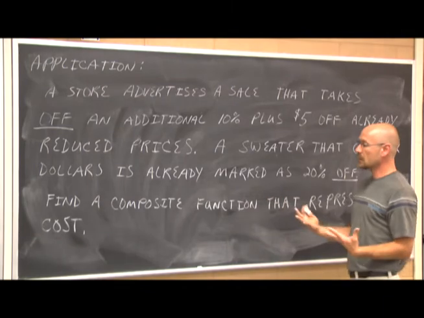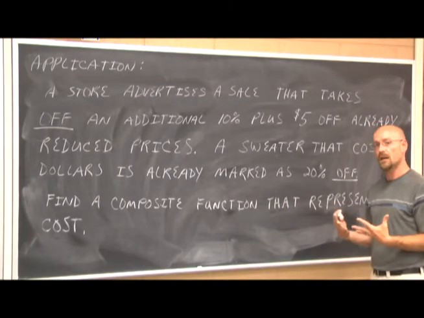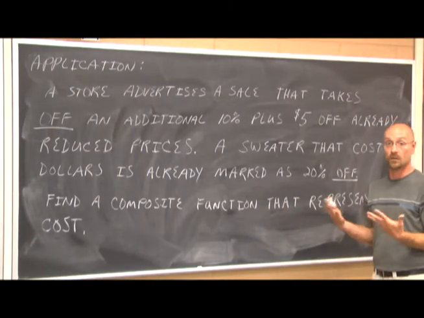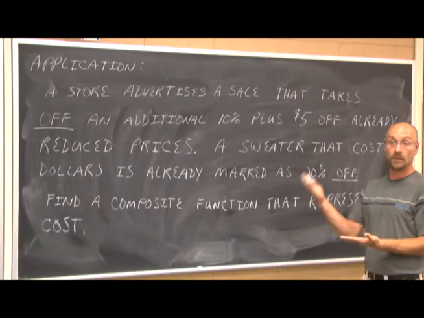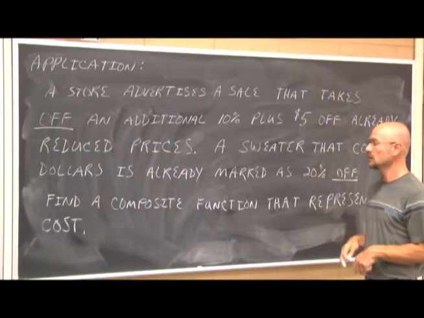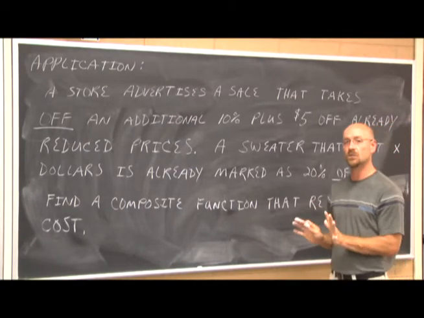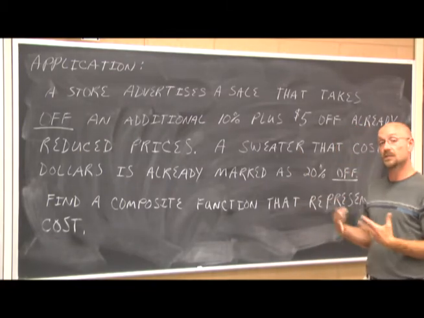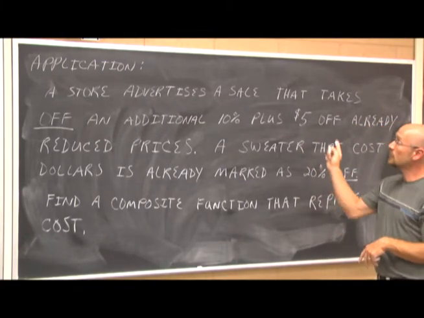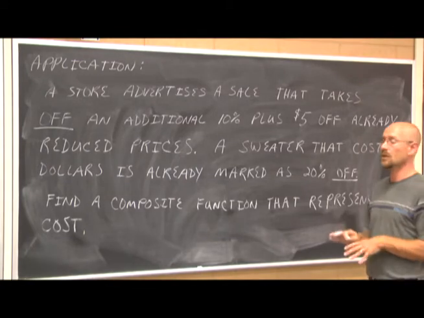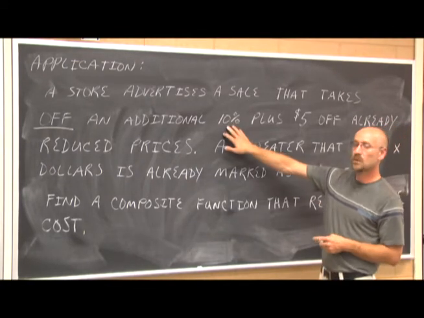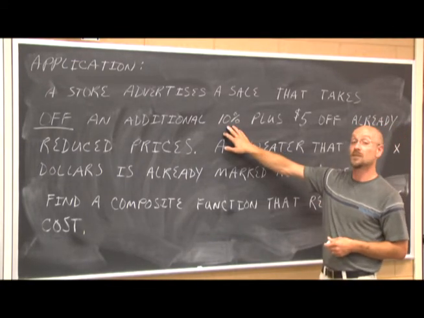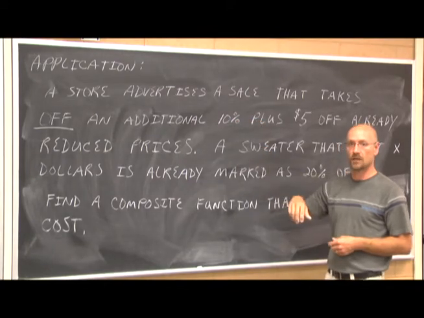To build a composite function, we know that it is built of more than one function, because we're evaluating one function with another. So we need to build at least two functions, and with these two sentences, we can do that. The first function is a discount, so I'm going to change it up. If it's 10% off, I'm going to pay 90% of the cost.